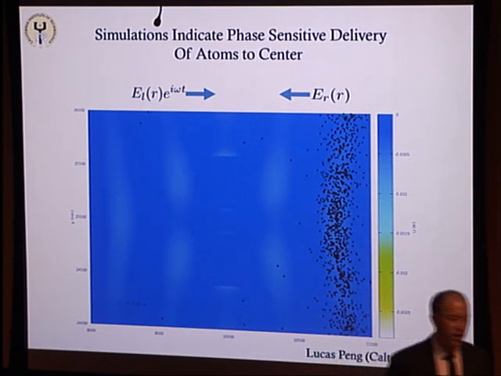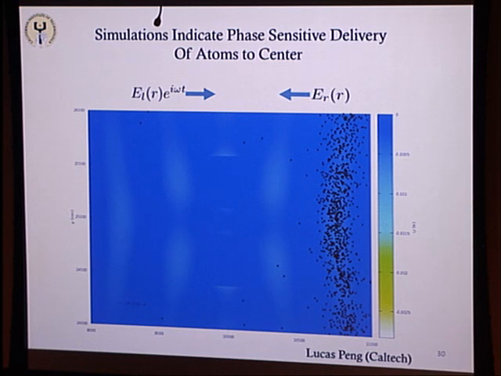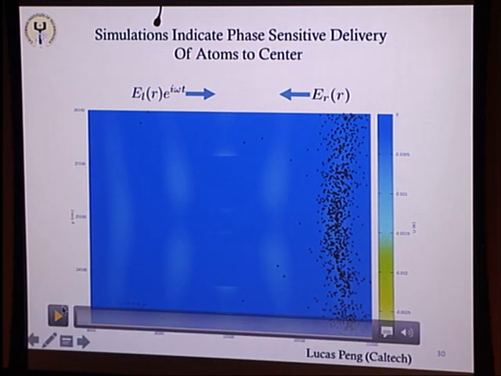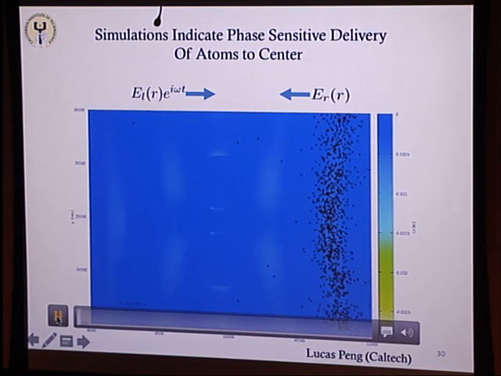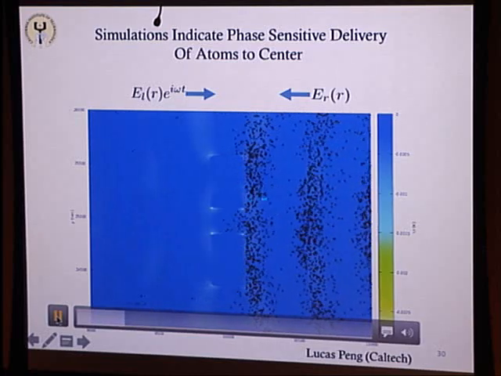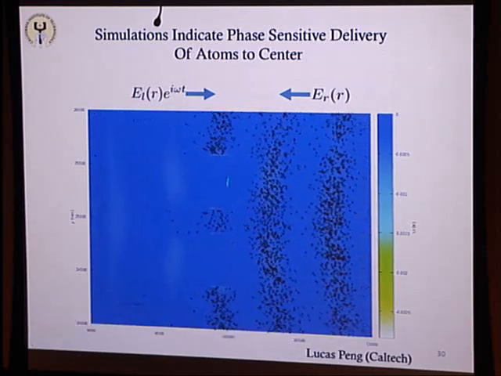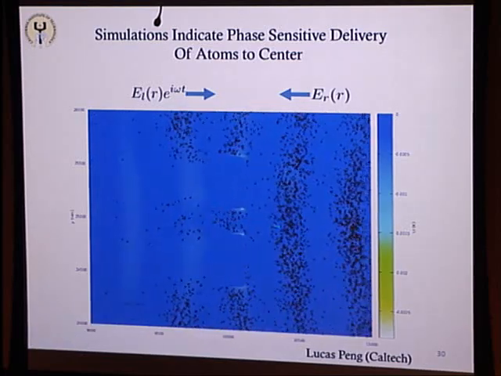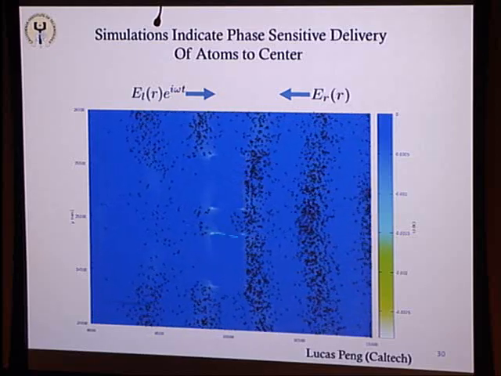They're coming out of the page, and each of these dots is an atomic trajectory that's independently calculated and then sent through this structure. So here's an example. These atoms fly in. A lot of them interact with the top of the waveguide. But there are some that do get into the center of the waveguide.